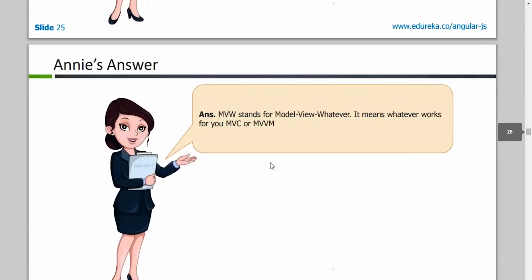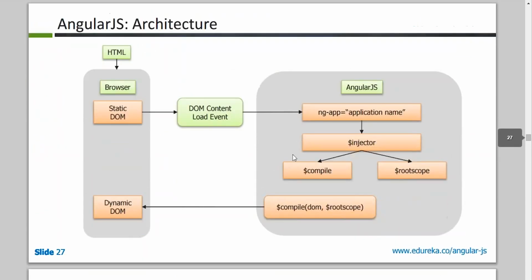Model view whatever means that whether it's model view controller or model view viewmodel or MVP or whatever architecture you have as a design for your application, AngularJS supports it. The whole idea is AngularJS is a framework that gives you a model view star or whatever option to create your client-side applications. Okay, great. Let's look at AngularJS architecture.